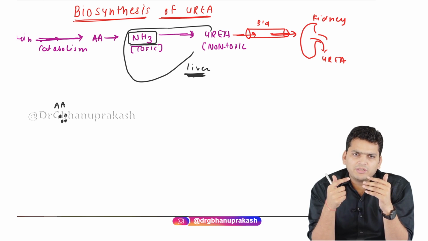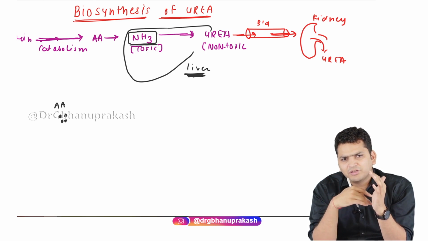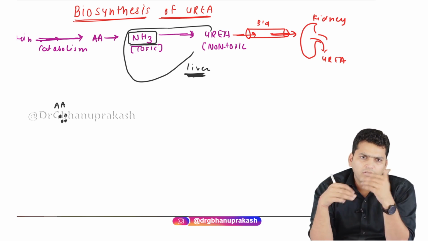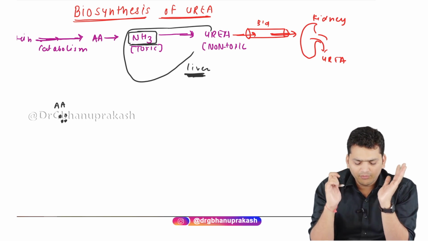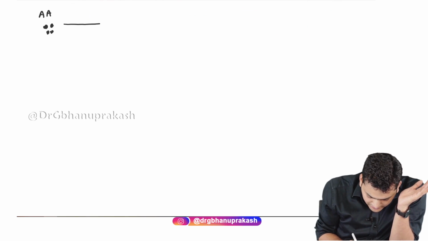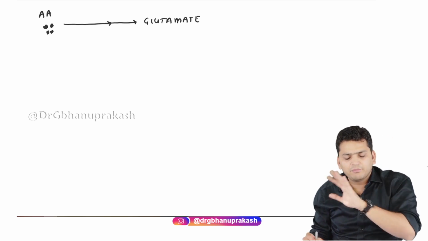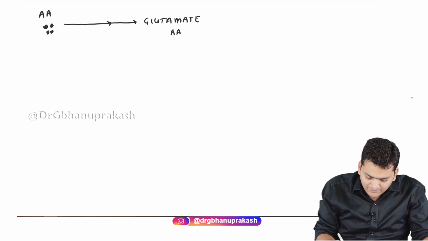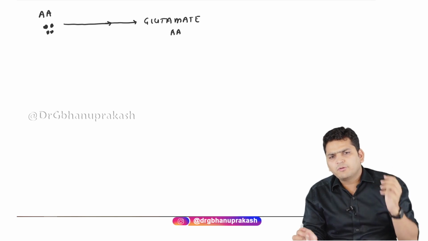How are we going to achieve that? Whatever amino acids we have in the tissue that we want to catabolize, first we convert them into a specific amino acid, and the name of that amino acid is glutamate. Glutamate is also an amino acid, and we have 22 types of amino acids.